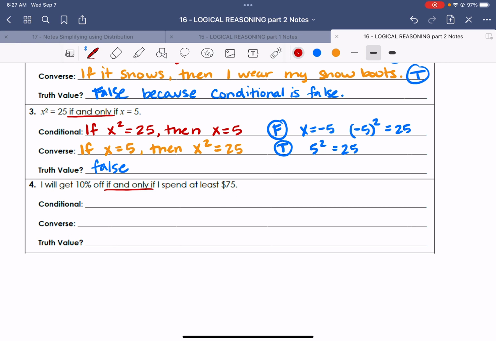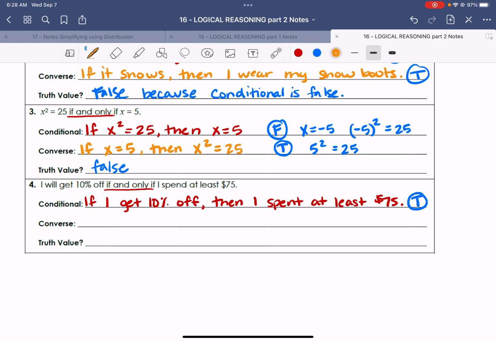So if I get 10% off, then I spent at least $75. Is that true? According to that biconditional, that's true.